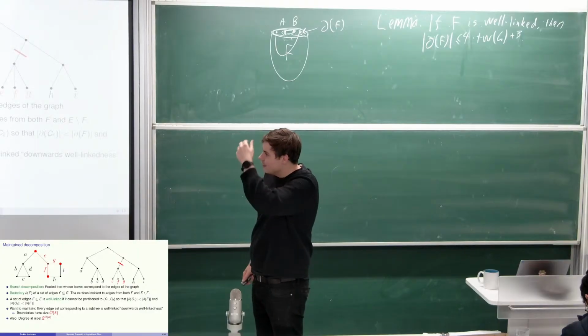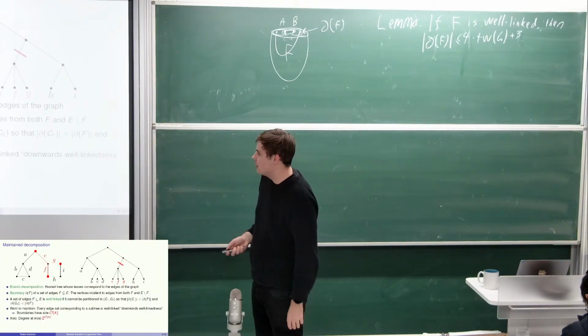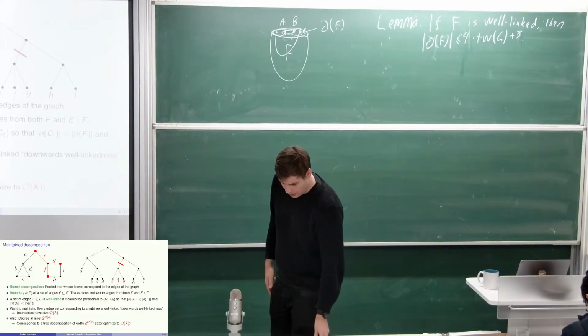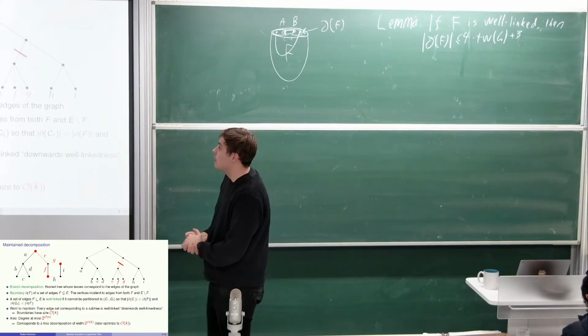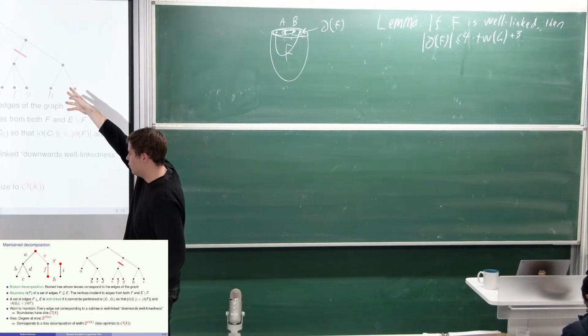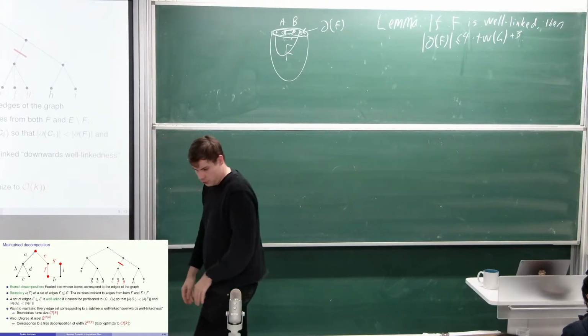Then we also want to maintain that the degree is at most 2 to the k. Now, when you have a bounded degree in this kind of decomposition, you can think about how it corresponds to a tree decomposition.